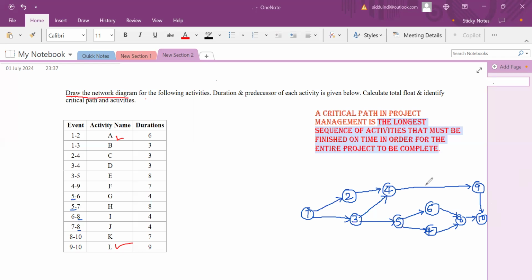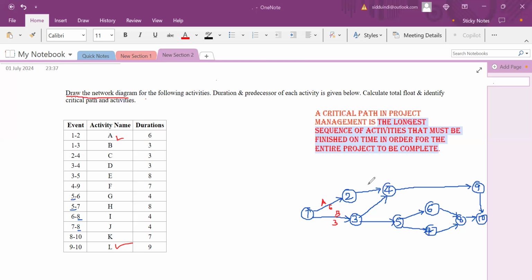We completed our network diagram. This is called the network diagram. We'll mention the activities and their particular duration for each activity. See here, the activity from event 1 to 2 is A, which has duration 6, and from 1 to 3 it is B with duration 3.